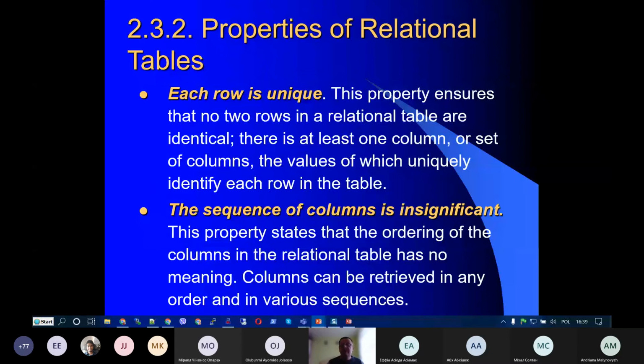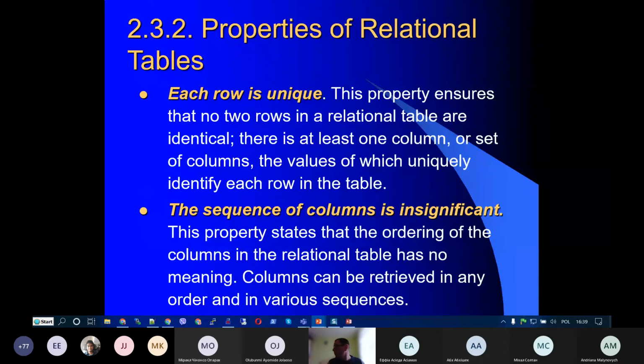The sequence of columns and rows is insignificant. Not in a spreadsheet, especially if you use formulas there. But in a database, no matter how we rearrange columns and rows, we access column data by a unique column name, and we access row data by using the unique identifier of each row.